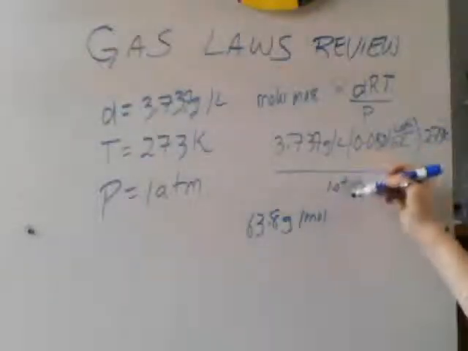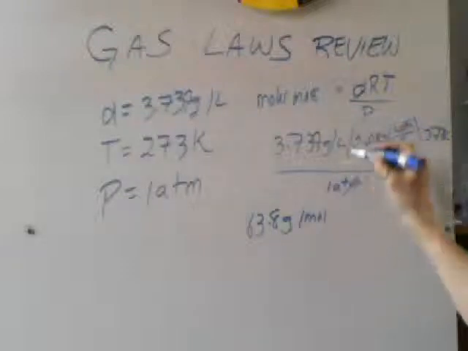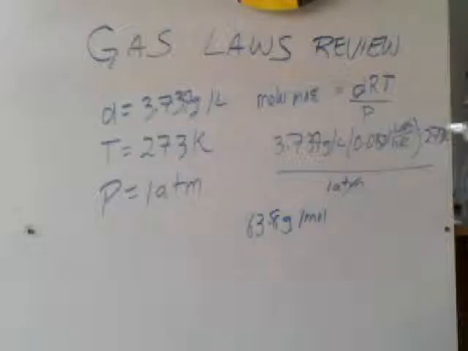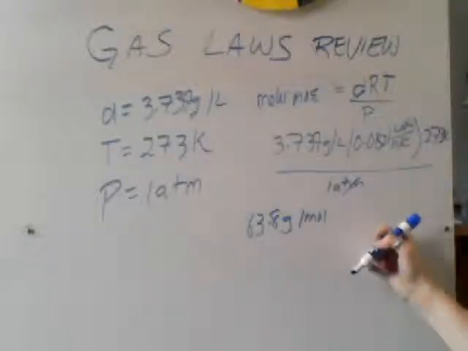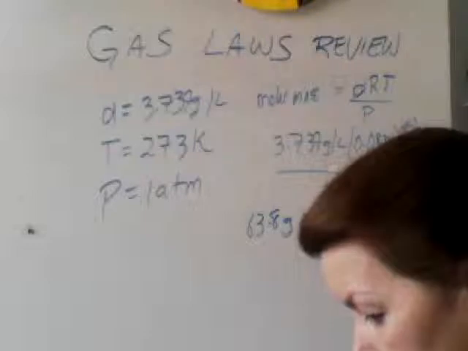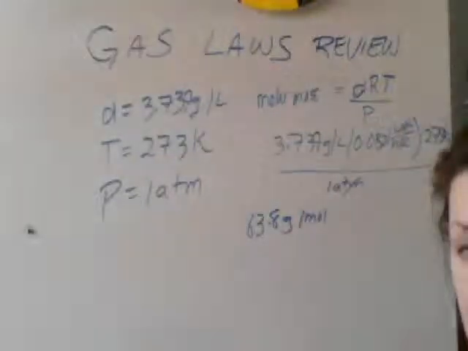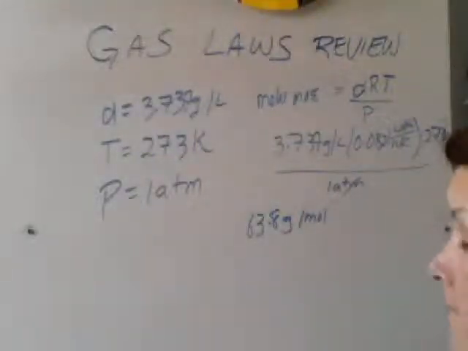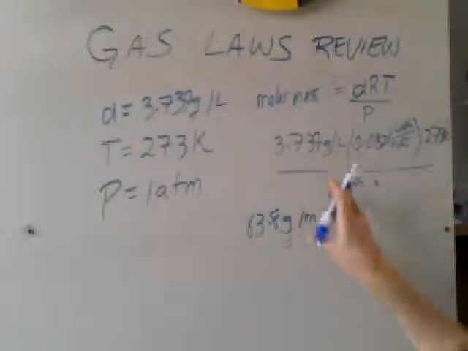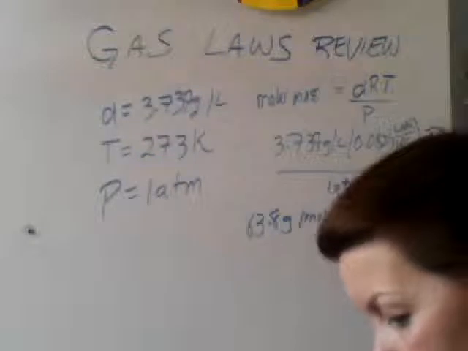Our liters, our kelvins cancel each other, and so we're left with grams per mole, since we know it's an ideal gas, so we know that there's 22.4 liters per mole.